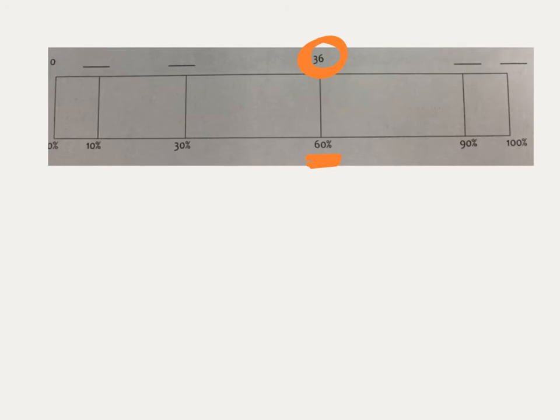My problem wants me to find the value of 10%, 30%, 90%, and 100%. I'm going to use a percent bar and my knowledge of proportion solving strategies to find all 4 of these missing values.